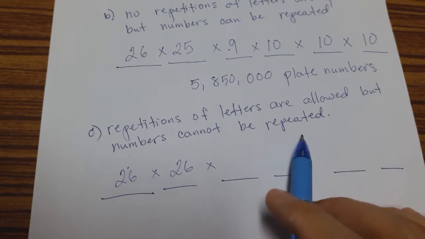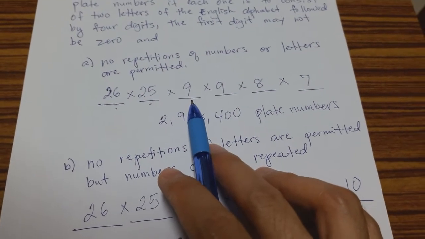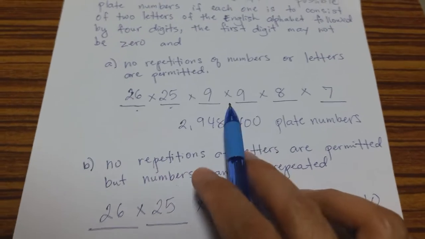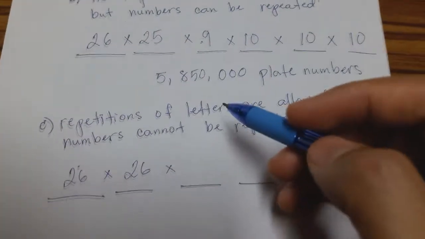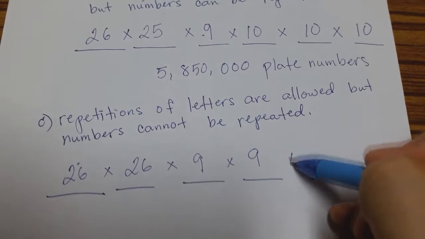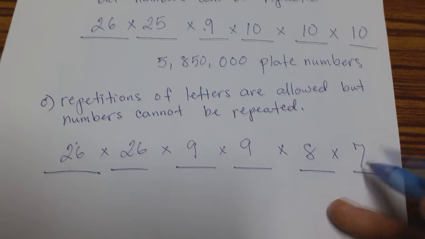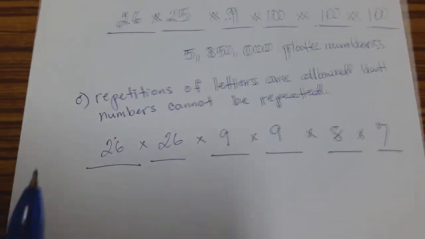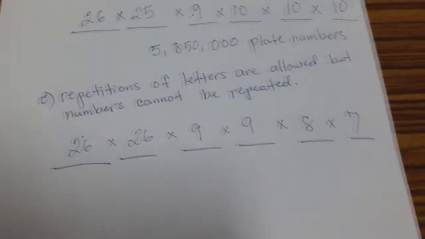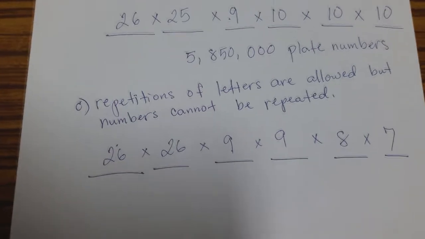Numbers cannot be repeated, so we can copy the first situation, 9, 9, 8, 7. So 26 times 26 times 9 times 9 times 8 times 7.